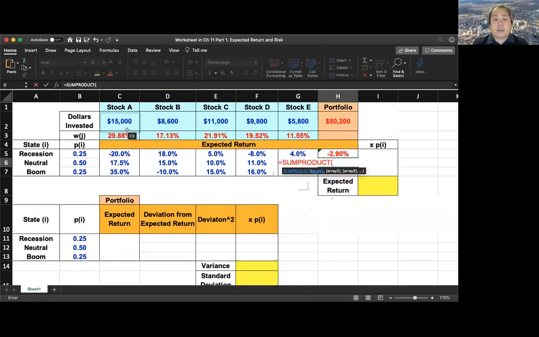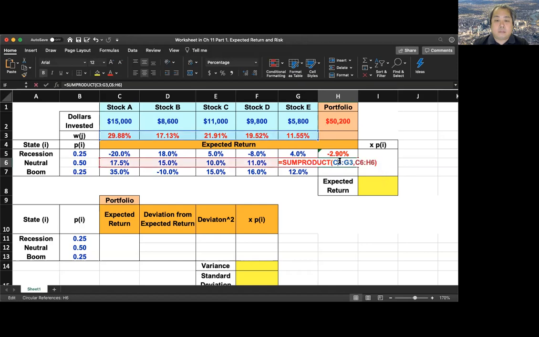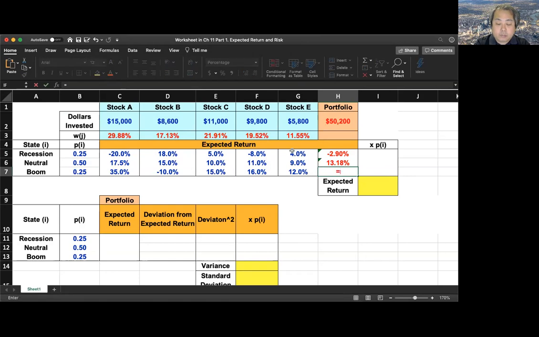Same way, neutral, 13.18% and boom, 16.54%.